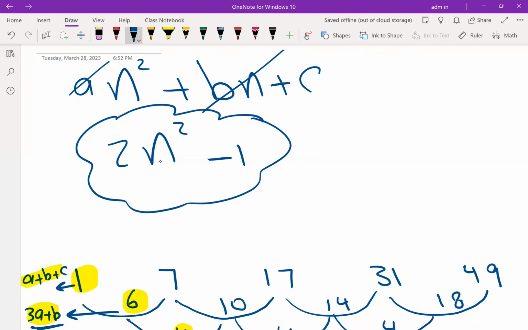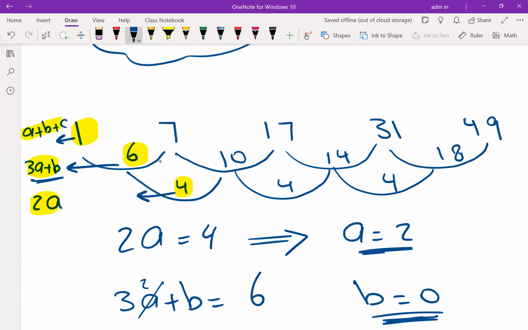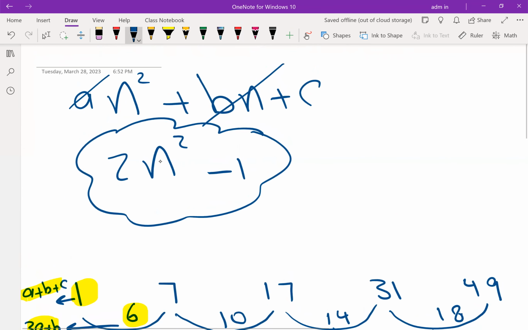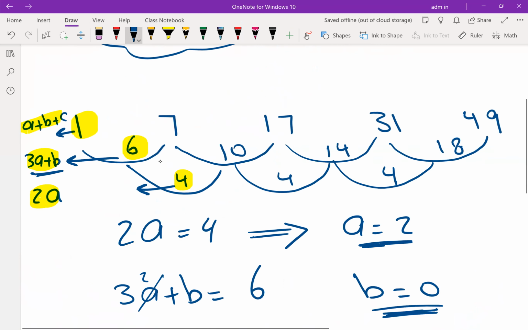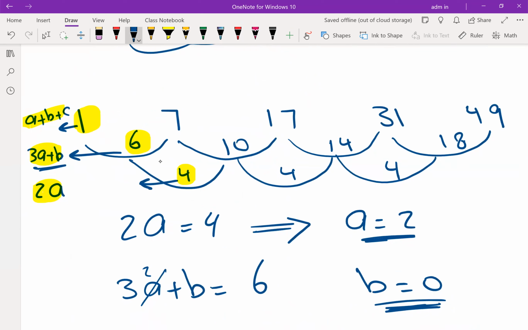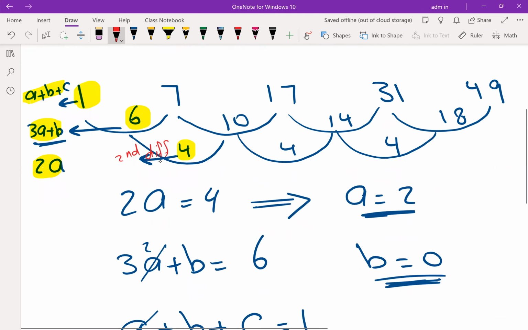I will explain this method again. Memorize it. Find the first difference; it is not the same. The second difference now is the same. This is the quadratic sequence, which means you can write it as a quadratic expression, an squared plus bn plus c. How to get a, b, and c? 3 equations.